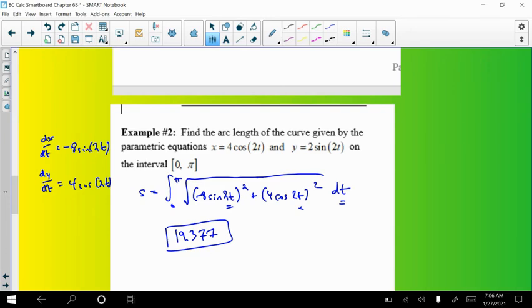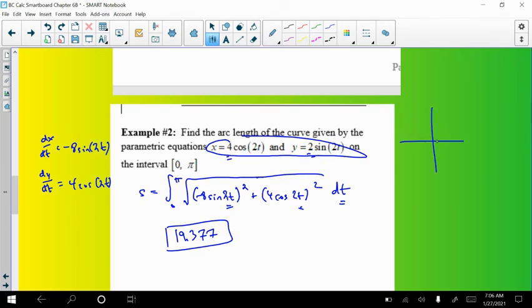And one thing I was thinking of too, parametrically, we actually study this in honors pre-calc. When you have something that's parametrically defined by cosine and sine, it's a circle unless the coefficients are different. Then it becomes an ellipse. So this is an ellipse that's stretched 4 in the x direction and 2 in the y direction.